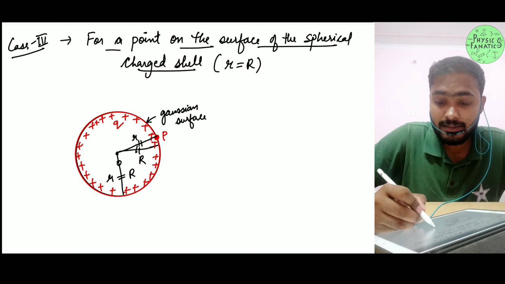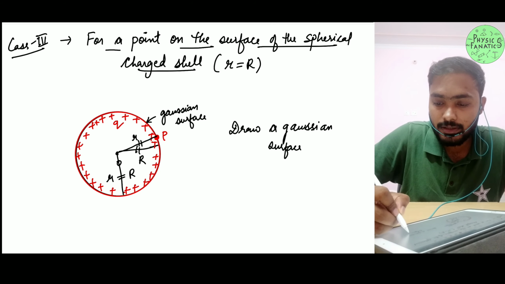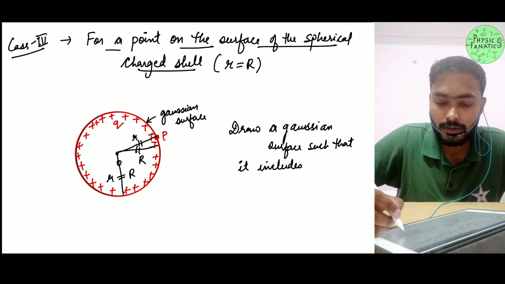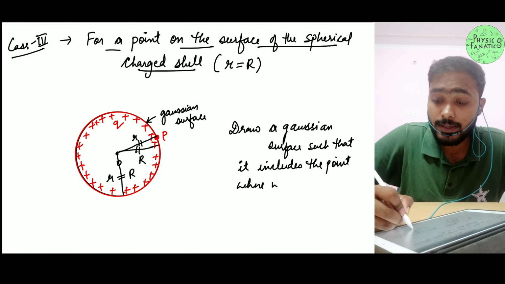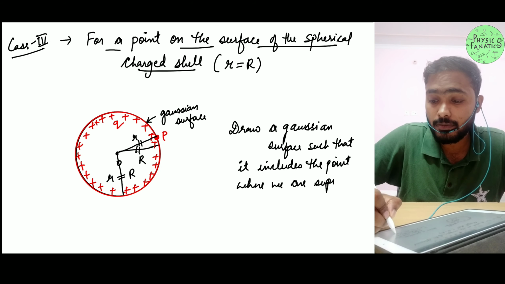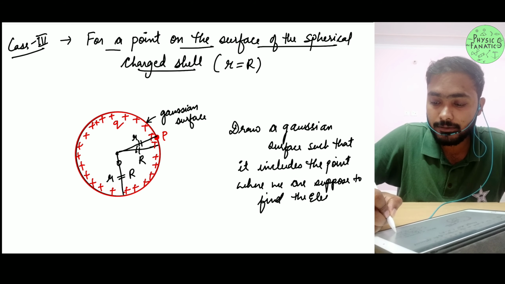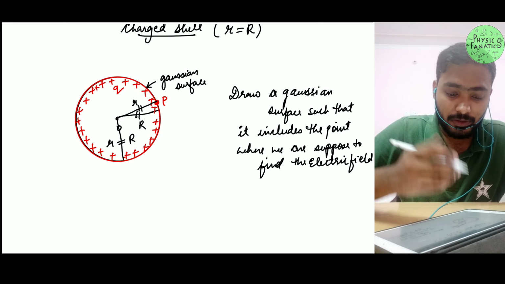Draw a Gaussian surface such that it includes the point where we are supposed to find the electric field. All right. Obviously the method is the same.